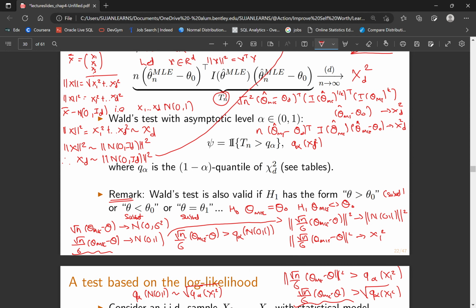After that, we talked about why the Wald test is very conservative and how we can accommodate lesser, stricter forms of the alternative hypothesis, such as theta greater than theta naught, theta smaller than theta naught, theta not equal to theta naught. How we can accommodate those tests, and what happens if we are only looking at a single dimension instead of a multivariate Gaussian, a single variate Gaussian: what happens then?